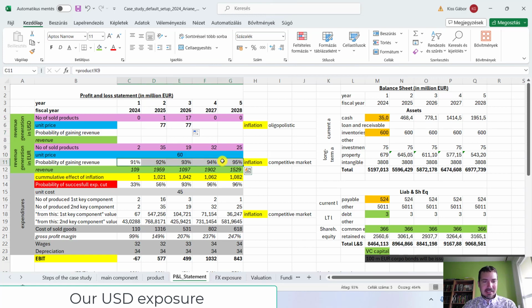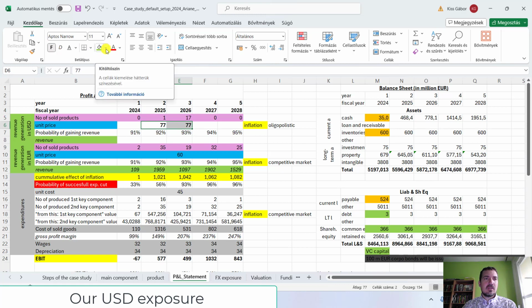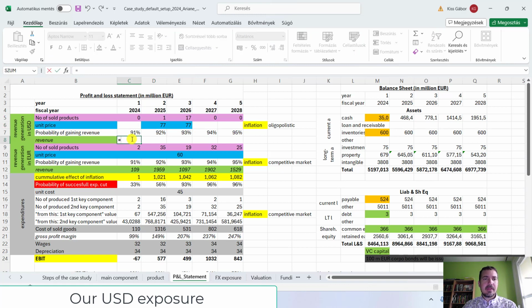Okay, and then the probabilities are still the same, so let's not be too bold. And then we can say, okay, let's zero these things out because it makes my life easier.